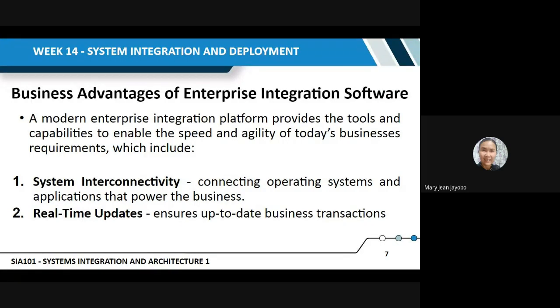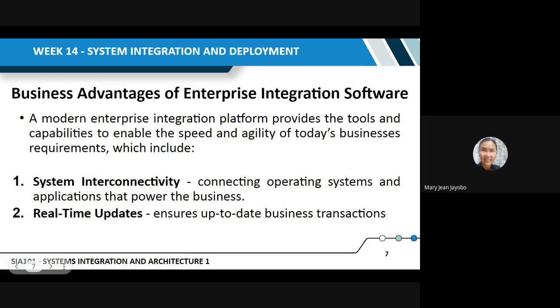Okay, so a modern enterprise integration platform, again, provides the tools and capabilities to enable yan, yung speed and agility ng business. So that's one thing that you need to make sure you give to your customers or clients once you integrate business software. Okay, so again, when we say system interconnectivity, it connects operating systems and applications that power the business.